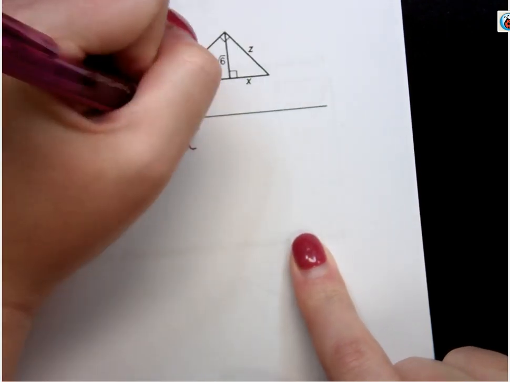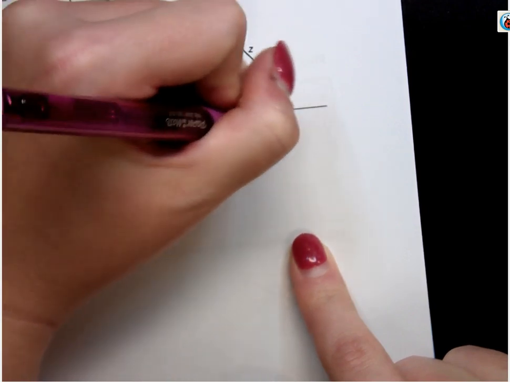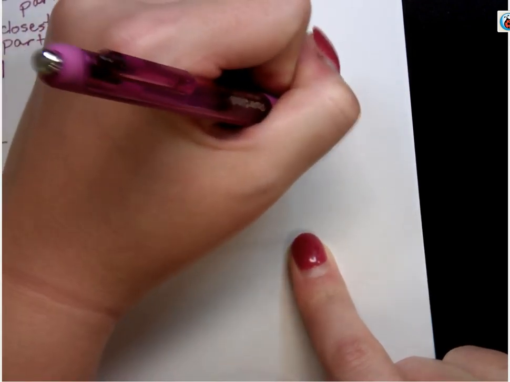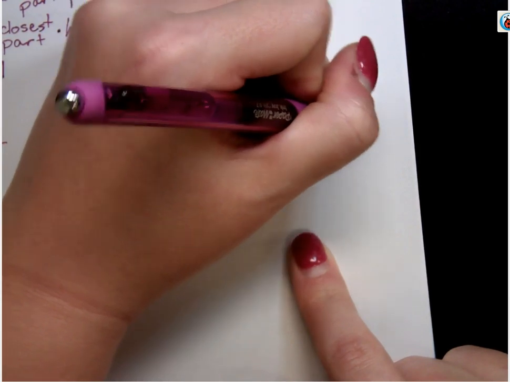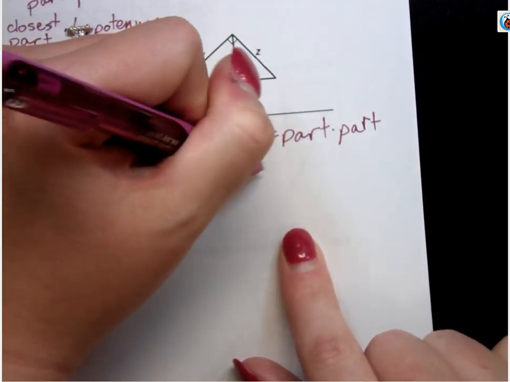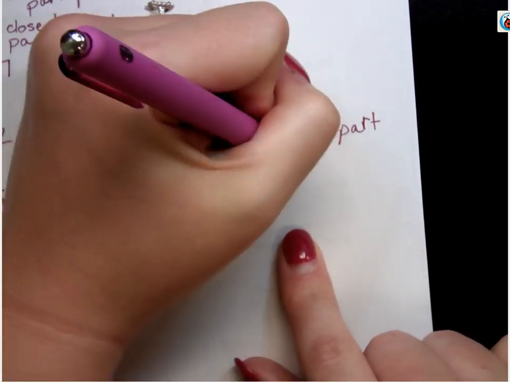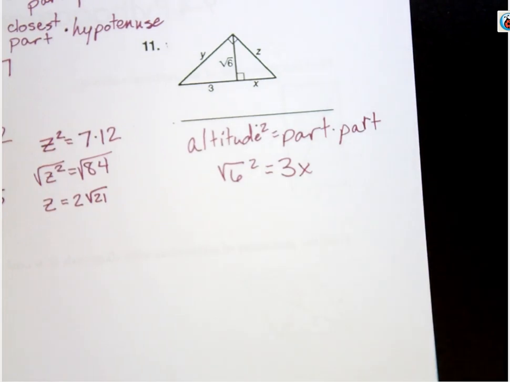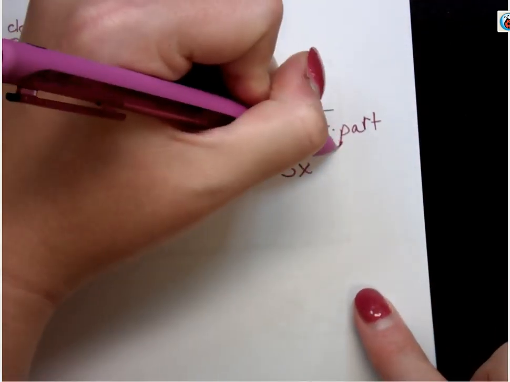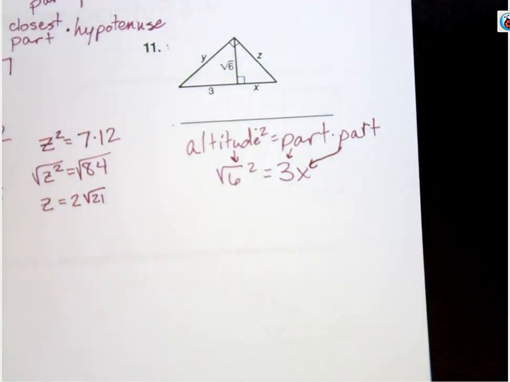Altitude squared equals part times part. I'm going to write it in and then write the parts under it. So the altitude is the square root of 6, squared. And then our two parts, one of them is 3, one of them is x. You're just following an equation.